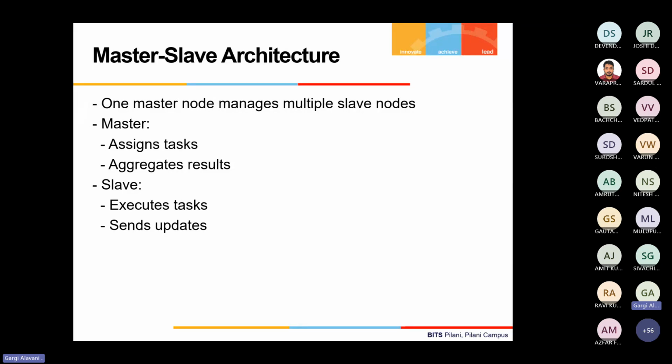It then monitors their progress and combines the results. The slave nodes are like workhorses. They receive the task from the master, execute it independently, and once they complete it, they send periodic updates or the final result back to the master.